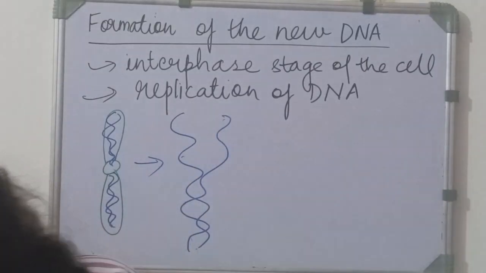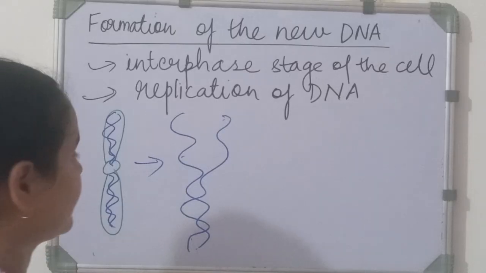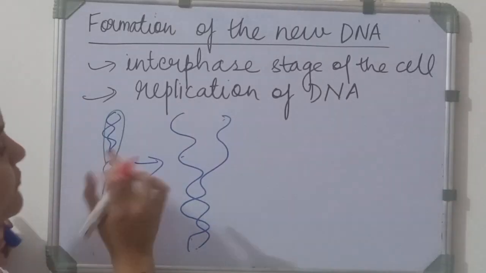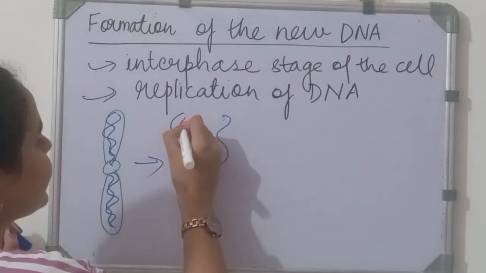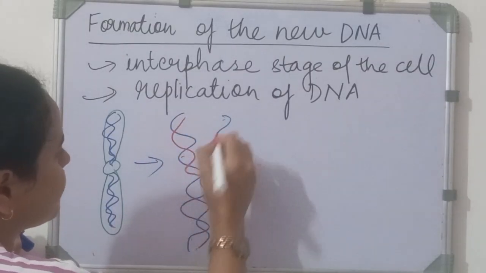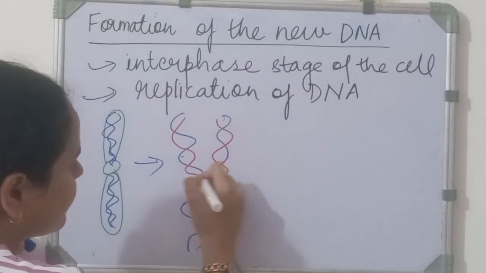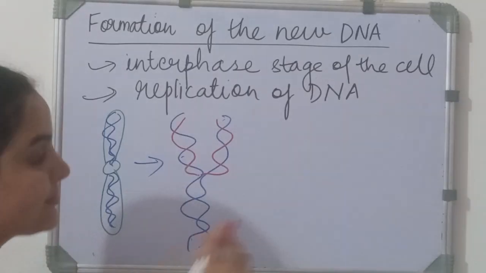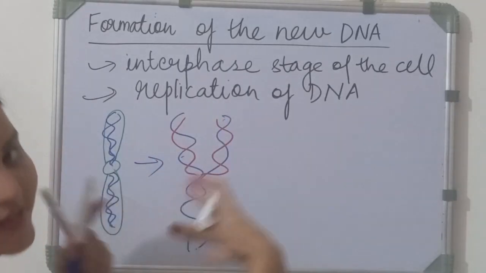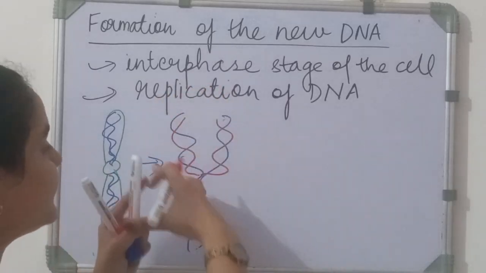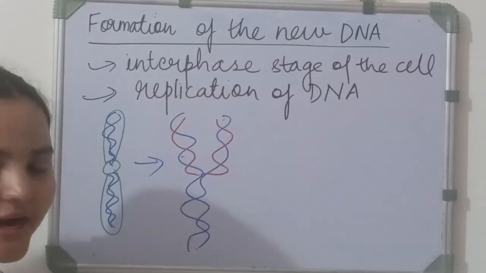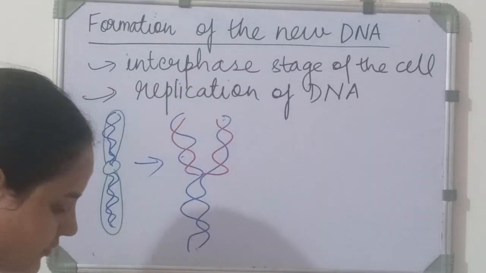Now the new DNA will be formed on the strand which has opened. So here new DNA is being formed. Over time, the whole strand of DNA will open and new DNA will be formed over the whole strand.